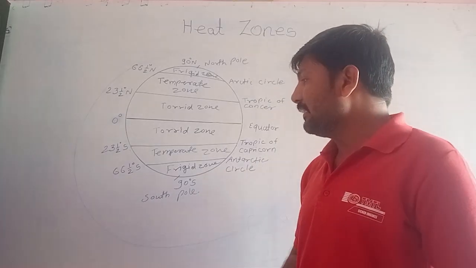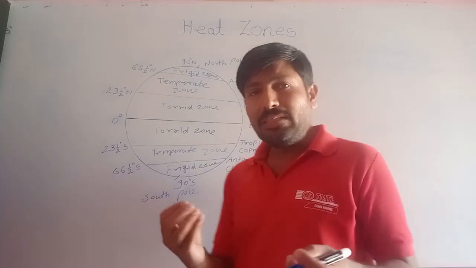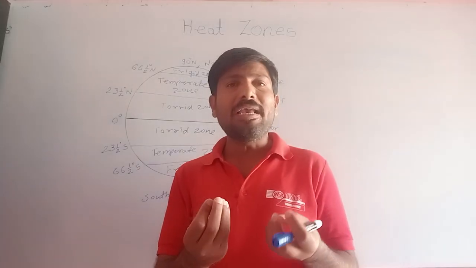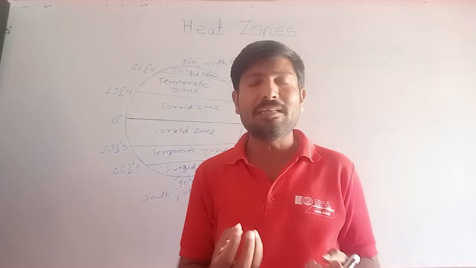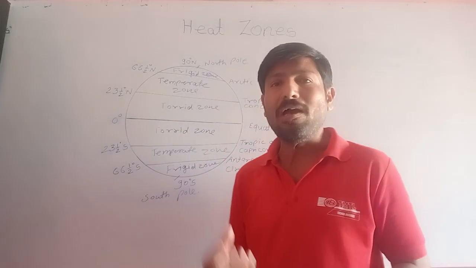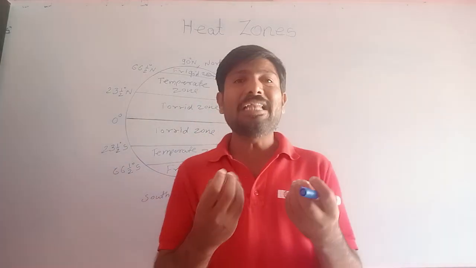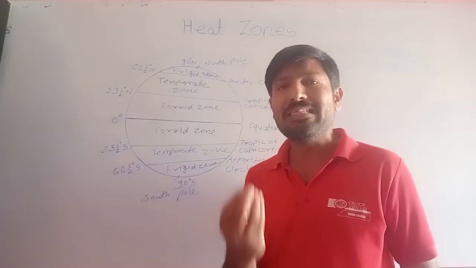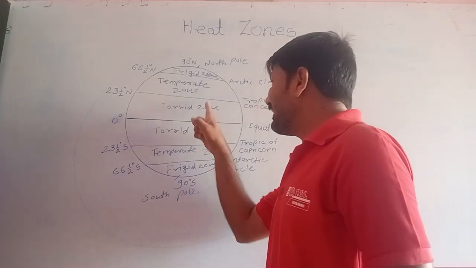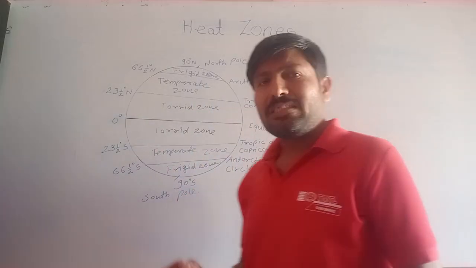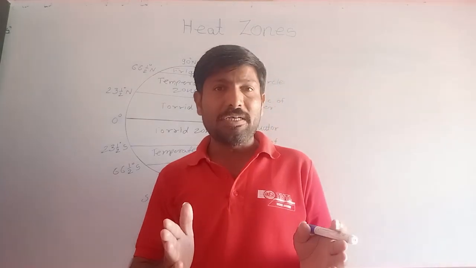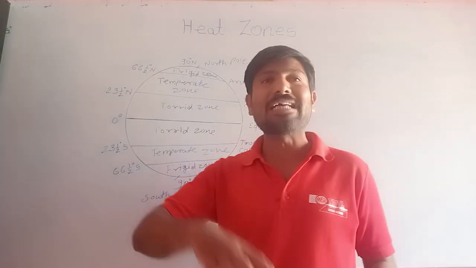Because of the less evaporation, less rain, sprinkle-like rains, occur in this area. Because of the drizzling rainfall, these areas have no forests, but these areas have grasslands.